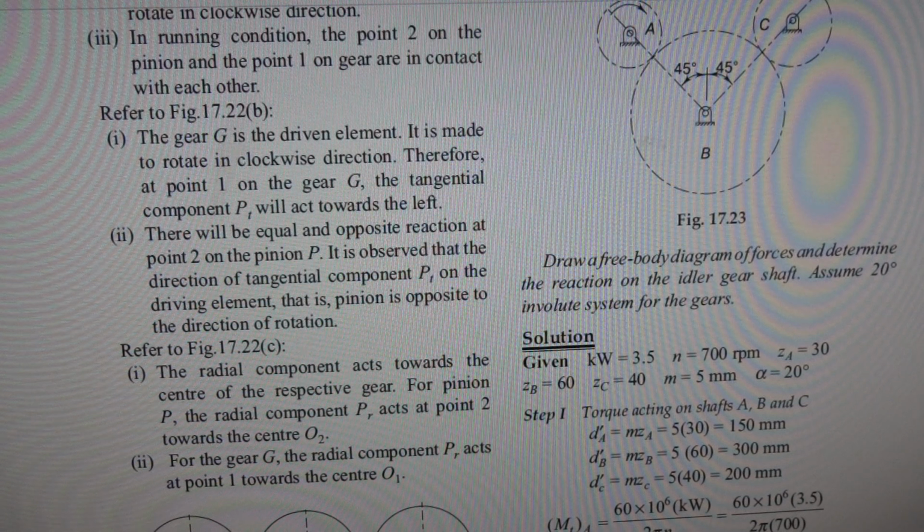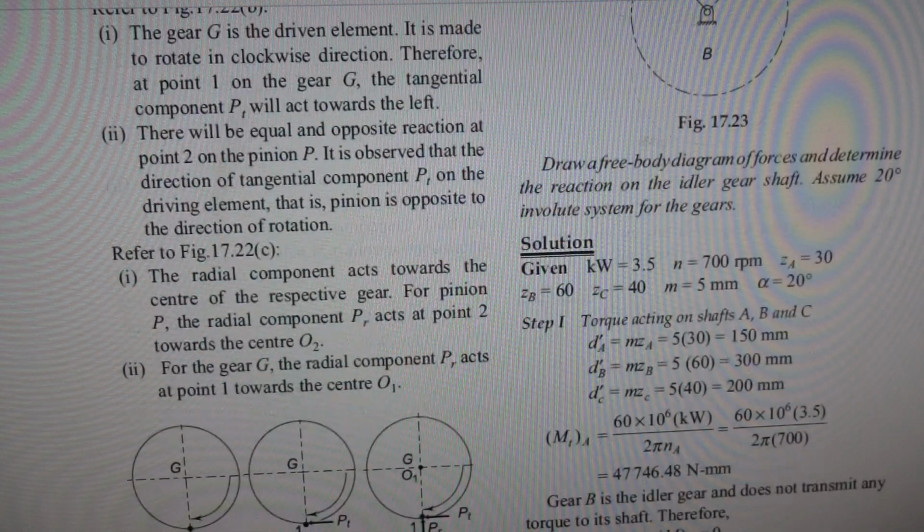So the torque applied at gear A: since the power is provided, you can get the torque applied. This is 47746.48 Newton meter. For gear B, the idler gear does not transmit any torque to the shaft.